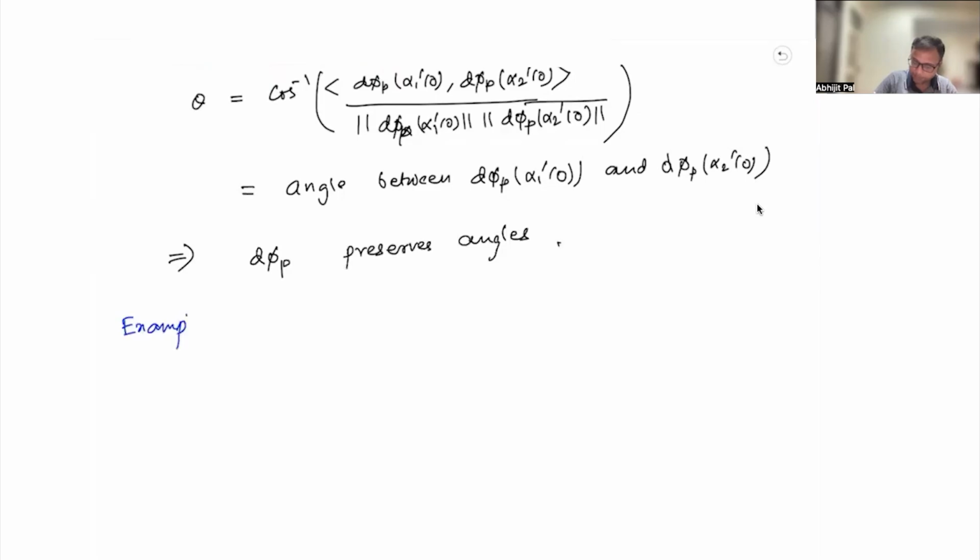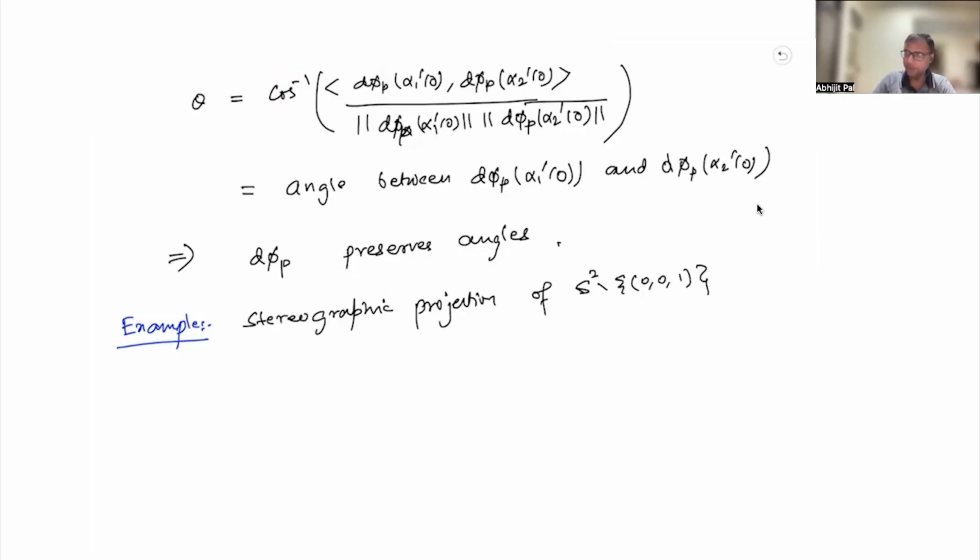Example: if I take the stereographic projection of S2 minus the north pole 0, 0, 1 to R2, it is a conformal map.